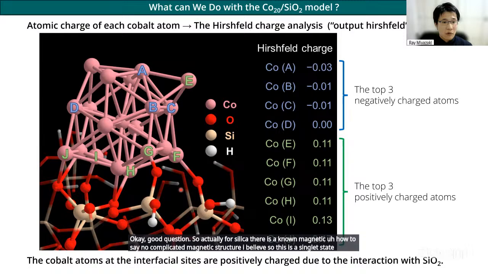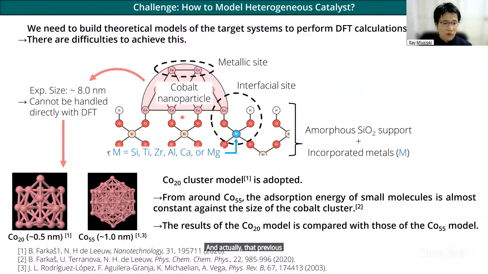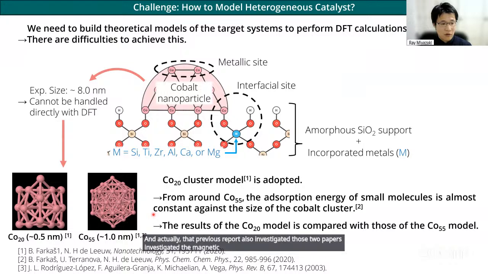But for the cobalt cluster, I picked this cobalt cluster structure from a previous report. That previous report also investigated the magnetic structure of the cobalt cluster, and even for bulk cobalt, the ground state is a ferromagnetic state.